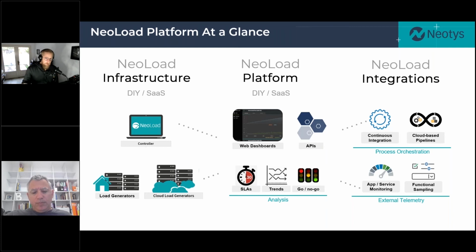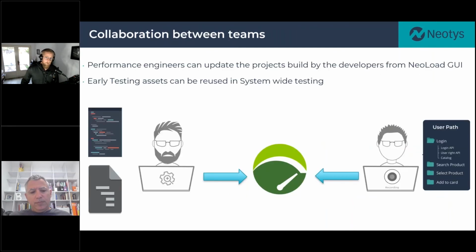It will spin up the right infrastructure for your test controllers and load generators, on-prem or on cloud. We have a dynamic infrastructure feature that connects to Kubernetes and manages your infrastructure for you without any extra configuration. And there's tons of APIs, which allow us to grab data from a third-party product, connect to an APM product, and interact with any CI server on the market.